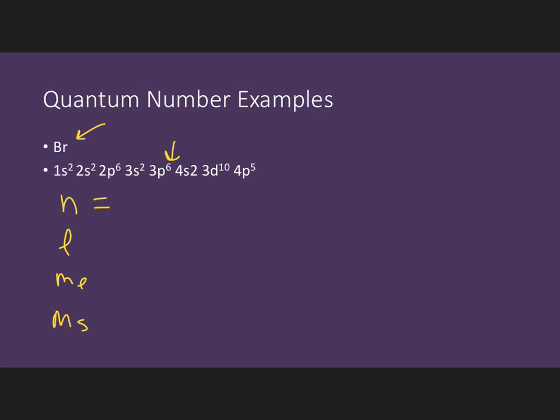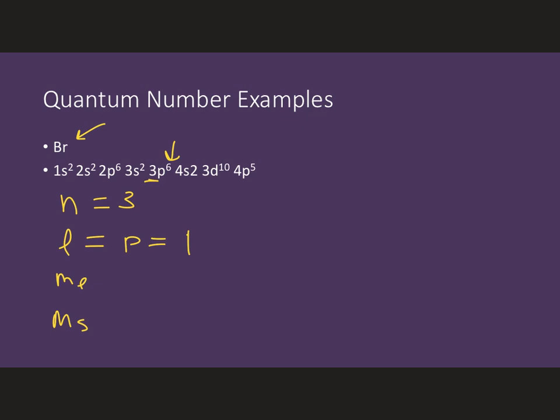For example, we know that n must be equal to 3 because we're dealing with the 3p level. l we could also get because we know we're looking at a p orbital, which is going to tell us that we are in an l equals 1 state because p is 1.